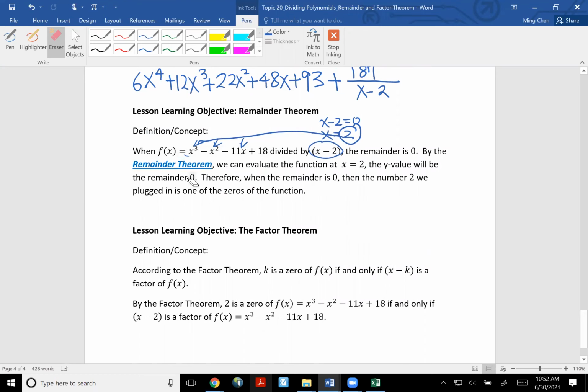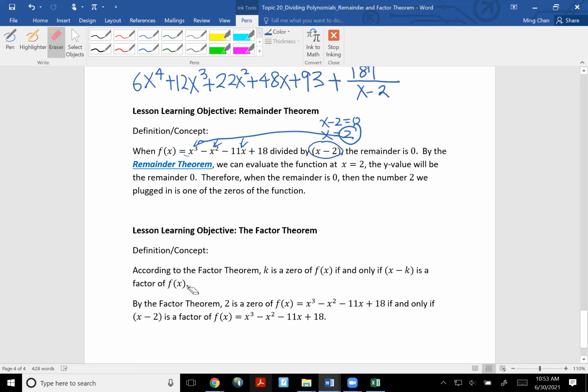All right. Now, looking at these functions from a different perspective, according to the factor theorem, 2 is a 0 of my function if and only if x minus 2, right here, is a factor.